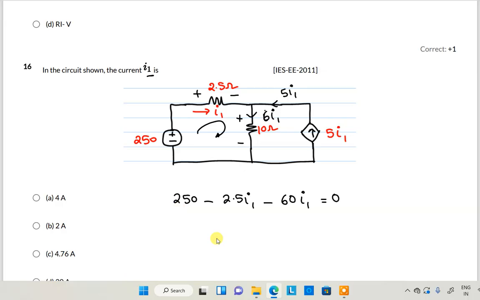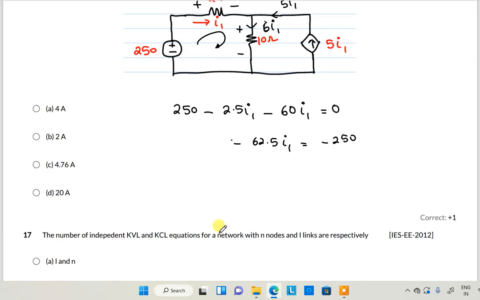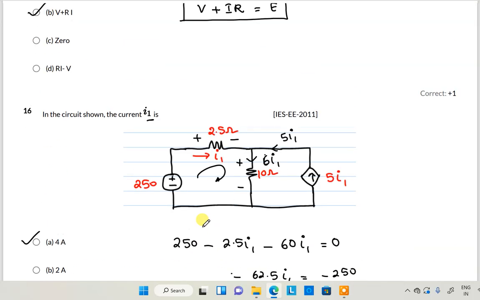So from that, 62.5 I1 is equal to 250. So that will be equivalent to I1 is equal to 250 divided by 62.5. Just calculate that value, you will get 4 amperes. What is the option? 4 amperes. Option A is the correct option.